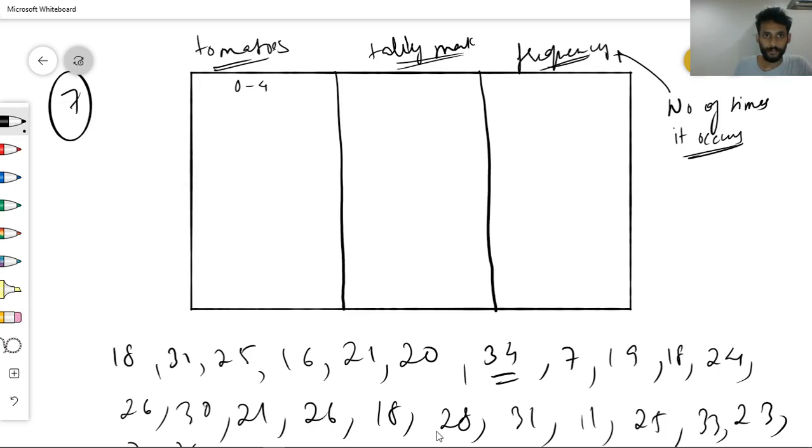0 to 4, 5 to 9, 10 to 14, 15 to 19, 20 to 24, this is too small, 25 to 29, then 30 to 34.